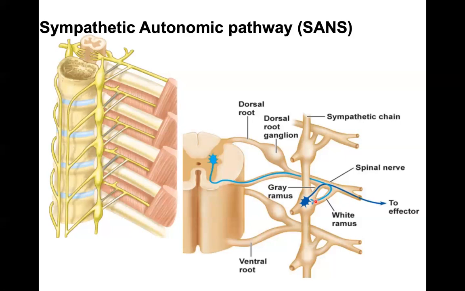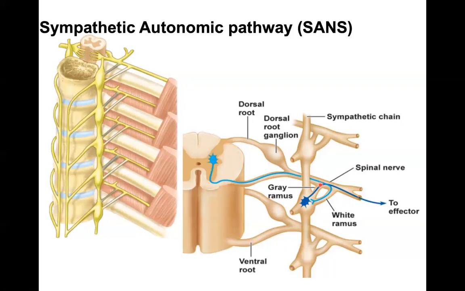It's called the white ramus because preganglionic neuron axons are myelinated, right? And then the postganglionic neuron has its cell body in the paravertebral ganglion, and its axon exits through a structure that's called the gray ramus.